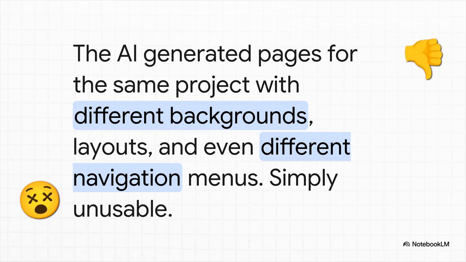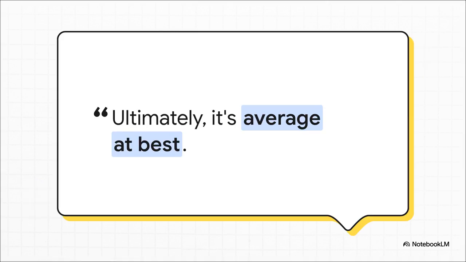When we asked it to generate more pages for the same project, Stitch came back with pages that had different background colors, different layouts, and even completely different navigation menus. For any real-world project, that's just chaos. It's completely unusable. So get this, even the supposedly better mode can't handle something as basic as keeping a design consistent across a few pages. It's average at the very best.